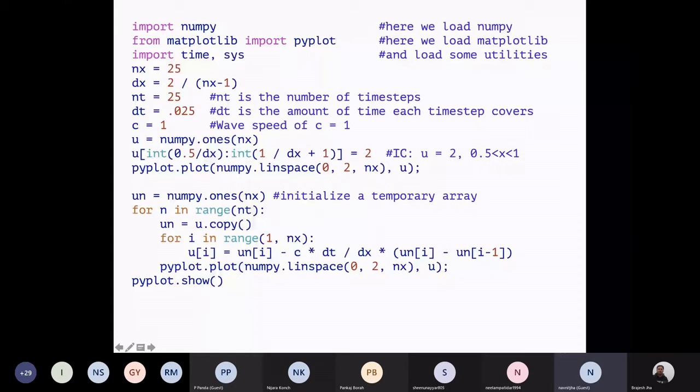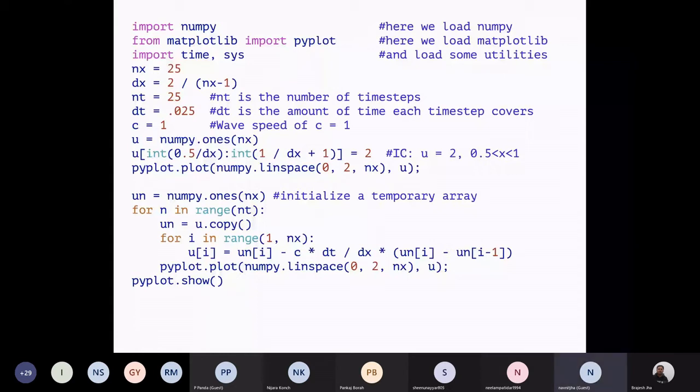Otherwise, it is 1 because I have already given u equal to numpy dot ones nx. Means earlier the vector is filled with 1, and in the range half to 1 it is assigned as 2. I am going to plot, with pyplot, this u. So this plot simply gives you the initial condition, your step function, your hat function.